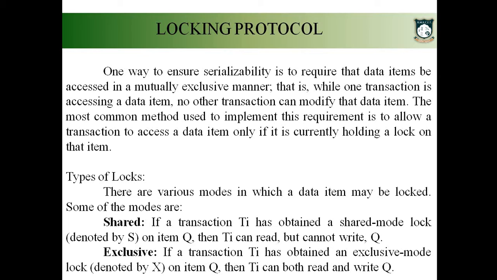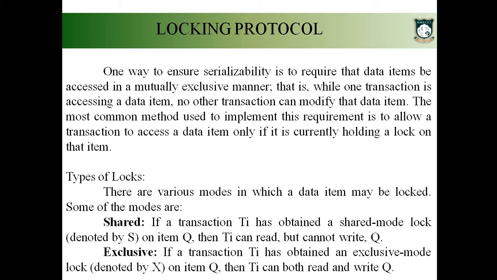Now the purpose of this lock is that once a data item is locked by one transaction, no other transaction can use the data item because one transaction has already locked it. So other transactions have to wait till this transaction unlocks the data item.